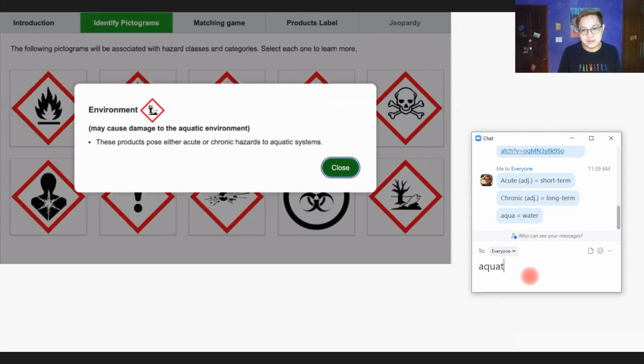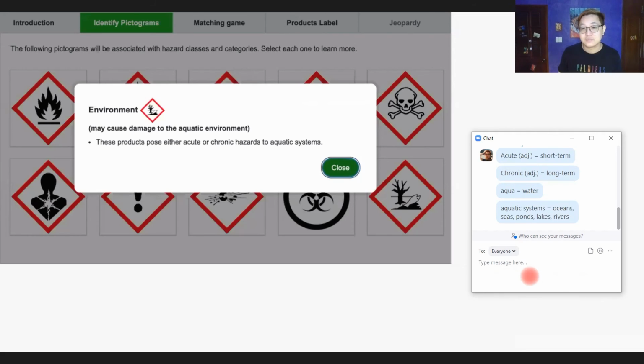So basically, aquatic systems, including like oceans, seas, ponds, and lakes, rivers. These are all water systems where there are fish and other creatures in there, so they can damage aquatic systems, trees, lakes, oceans, rivers, ponds, etc.